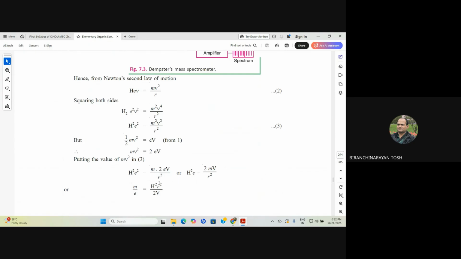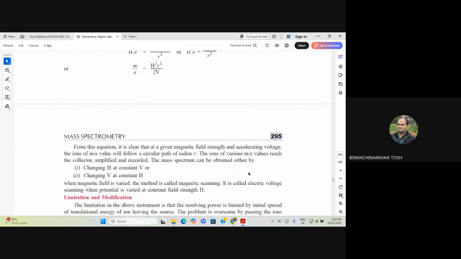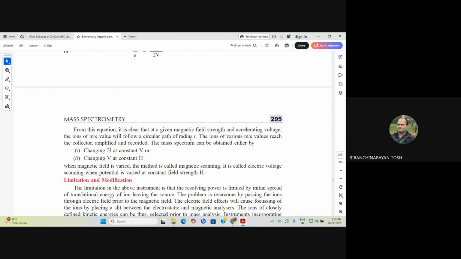So here the m by e will be detected by changing the potential or the magnetic field. From this equation, it is clear that for a given magnetic field strength and accelerating voltage, the ions of a given m by e value will follow a circular path of radius r.